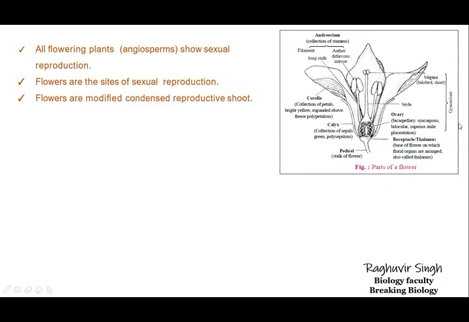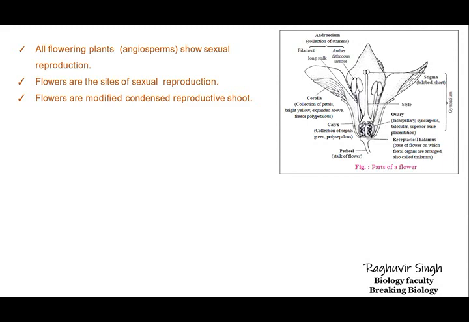As you all know, all flowering plants show sexual reproduction. The thing which separates a sexually reproducing plant from a non-sexually reproducing plant is the flower. The flowers are the site for sexual reproduction.